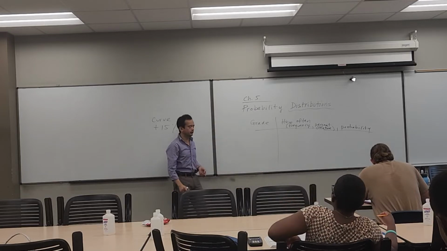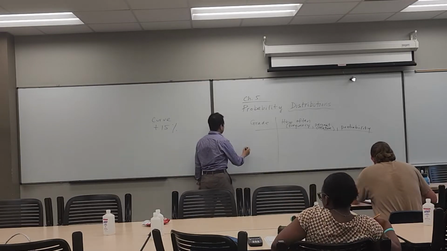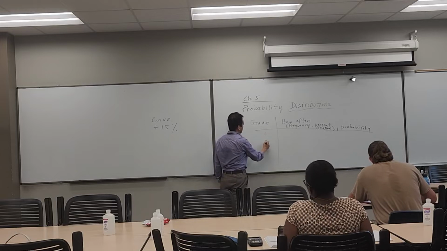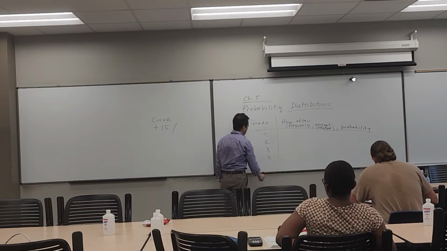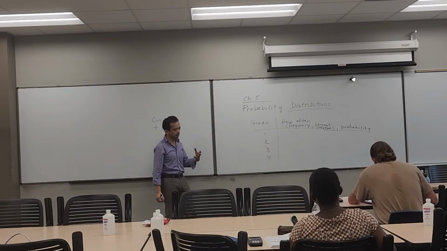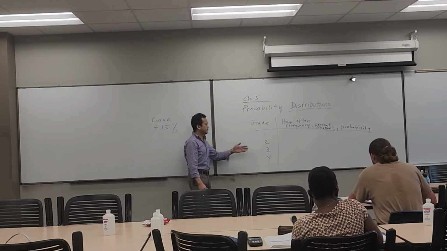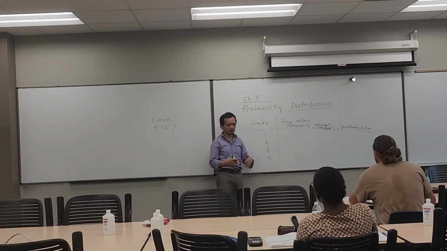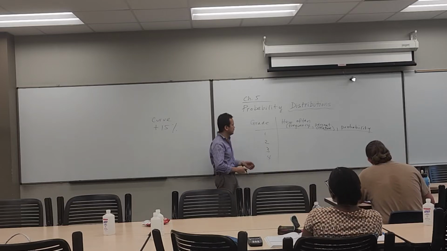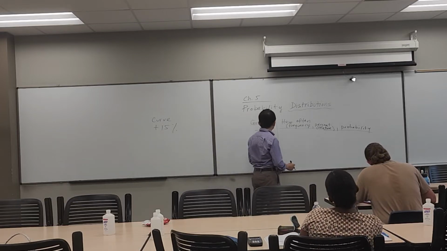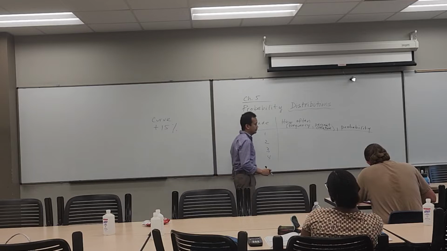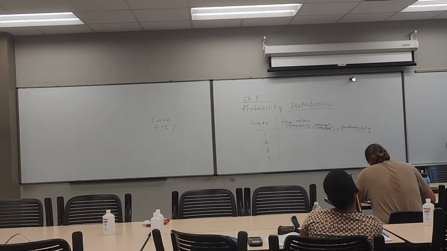So let's review a little bit. Let's say that I have these numbers 1, 2, 3, and 4 cut out and placed into a hat. But each of the numbers occurs a different number of times. Let's say I first represent how often the values occur as a frequency.